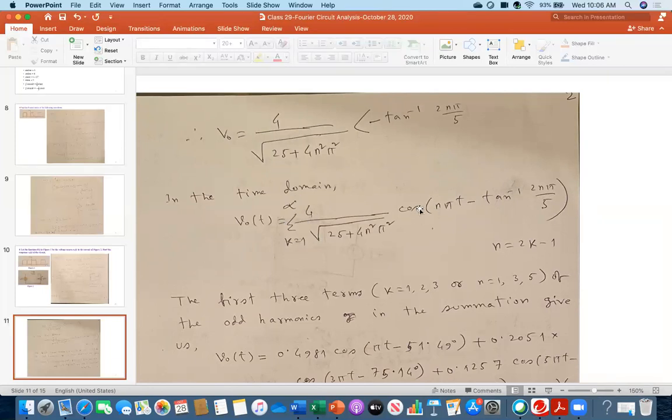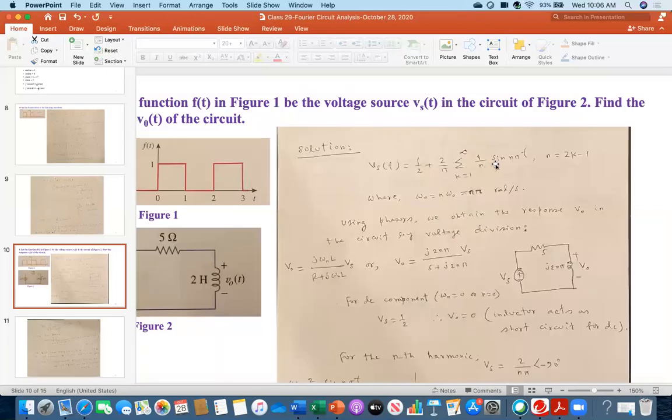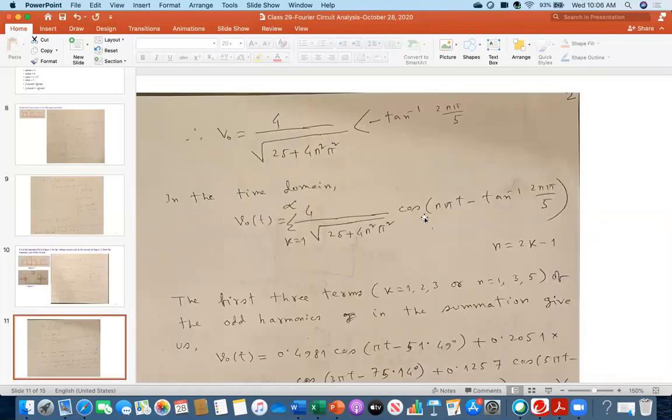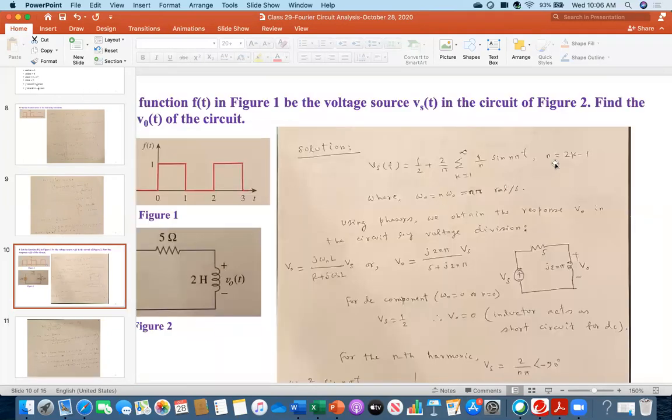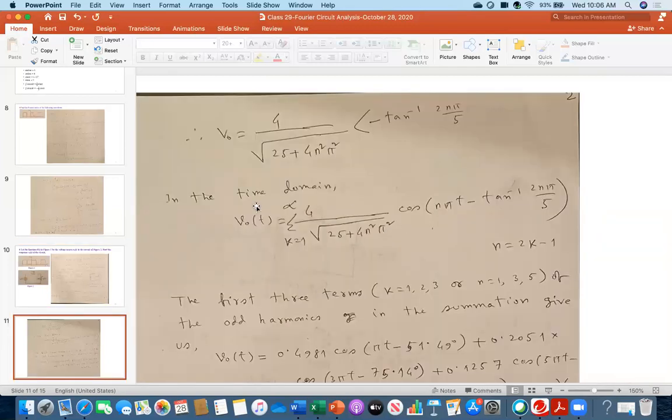Why did I write that? Because that was my start point, you see, this one. So I wrote this one. And then because it is k from 1 to infinity, and n was 2k minus 1, that was my initial proposition, 2k minus 1. So now I got that one.